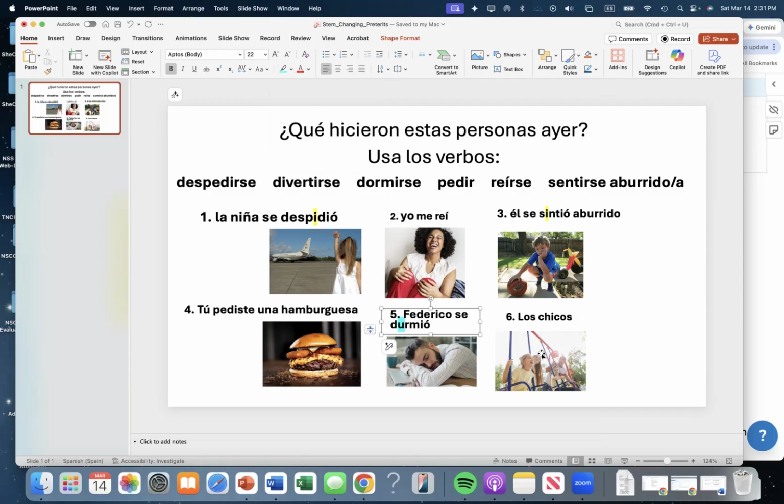Se durmió. And then for the last one, they seem to be having fun. So what is to have fun? Divertirse. Los chicos se. Then let's change that stem from E, that E right there, to I. Se divirtieron.